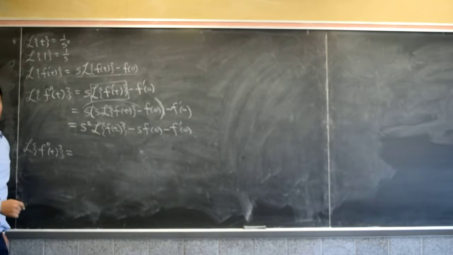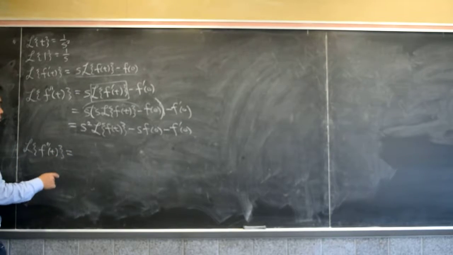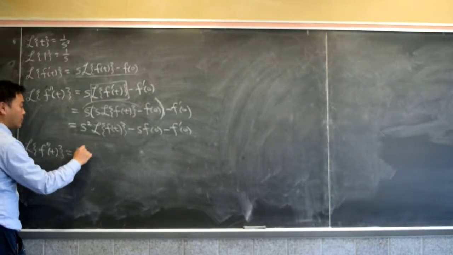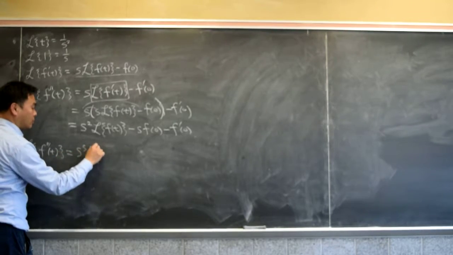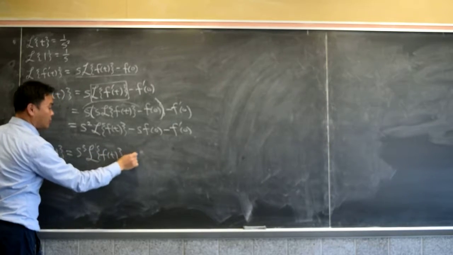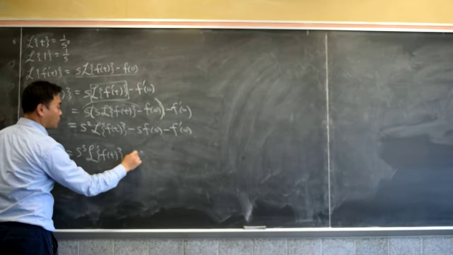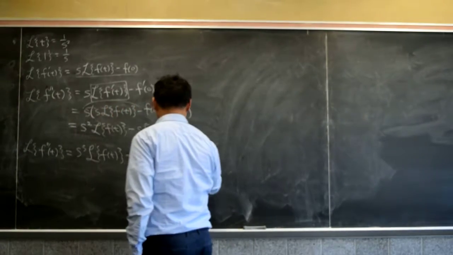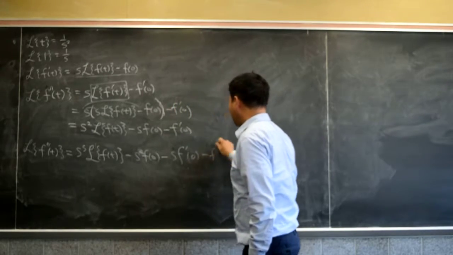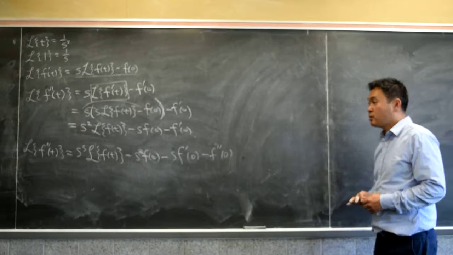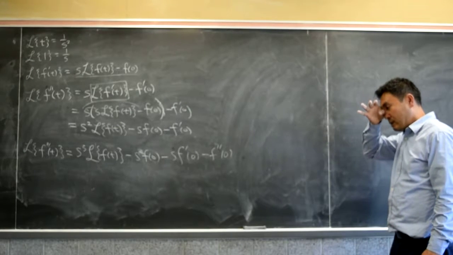And you can kind of guess what's going to happen, right? Instead of s squared, what would you get? s cubed, right? And instead of that, you're going to get s squared f of 0 minus s f prime of 0 minus f double prime of 0. Okay, and so on and so on.